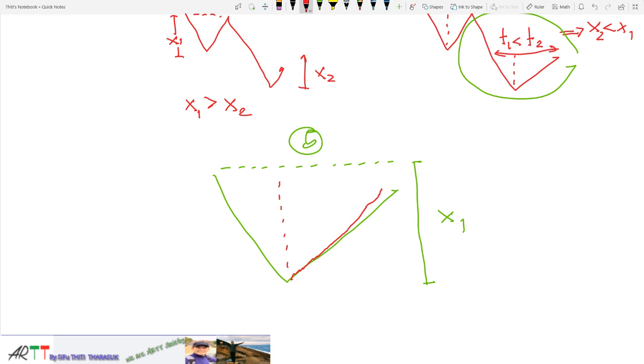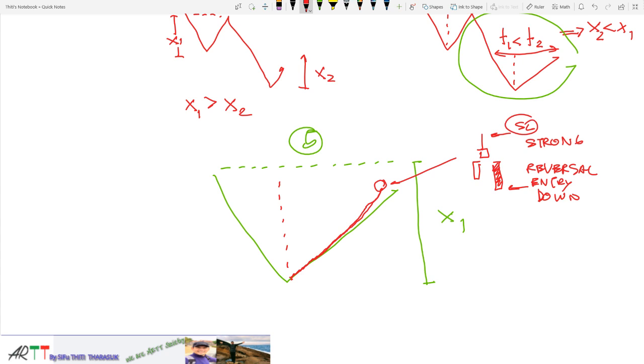If x2 is shorter than x1 and shows strong reversal down, that means this is your entry, this is your stop loss. The minimum target is lower than the previous low.